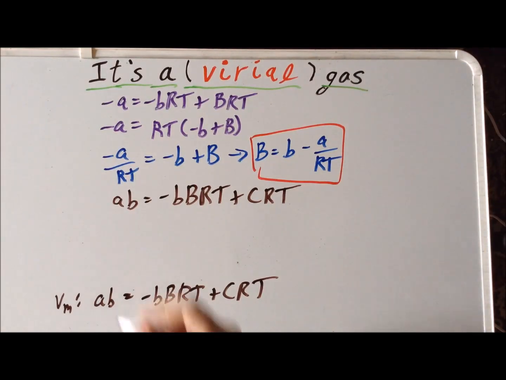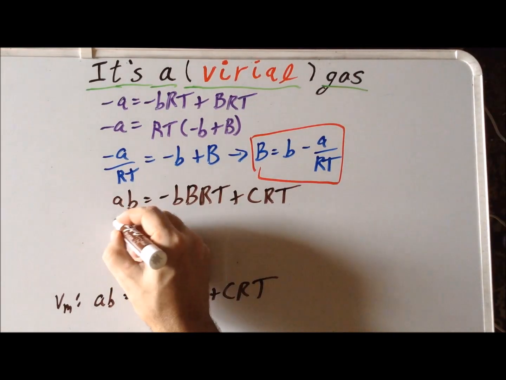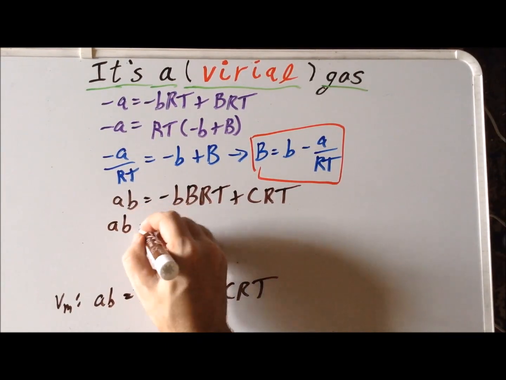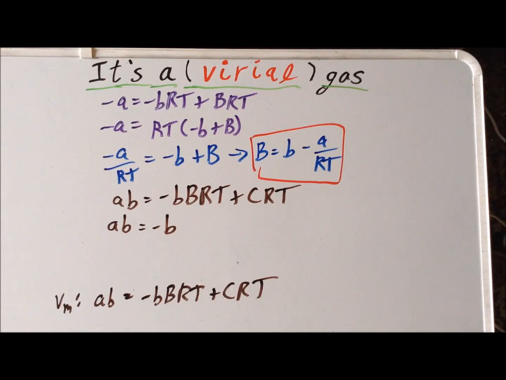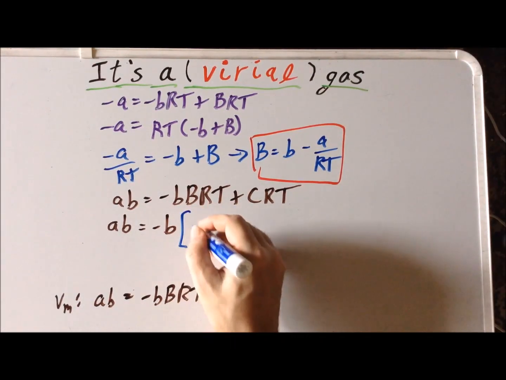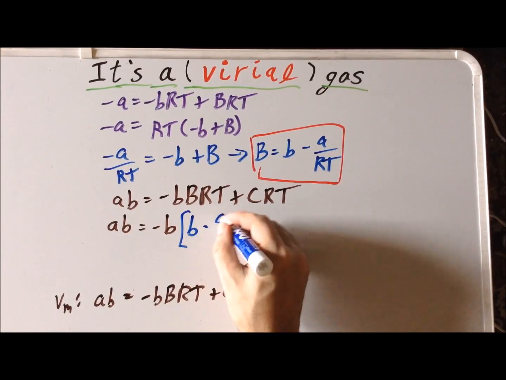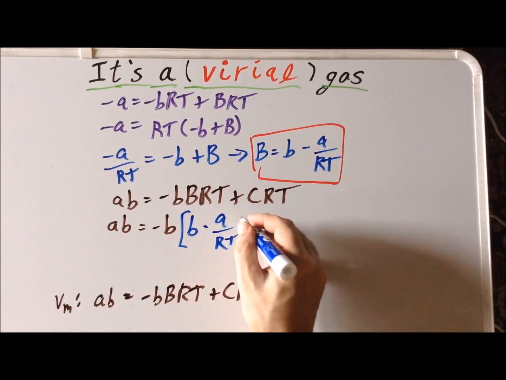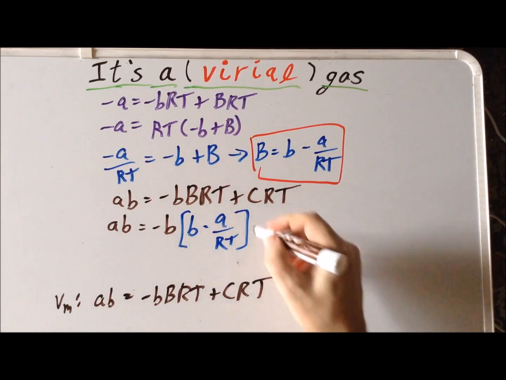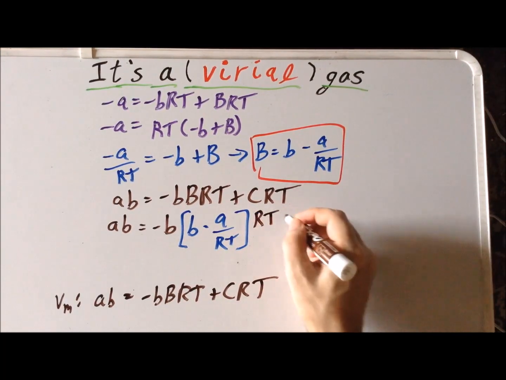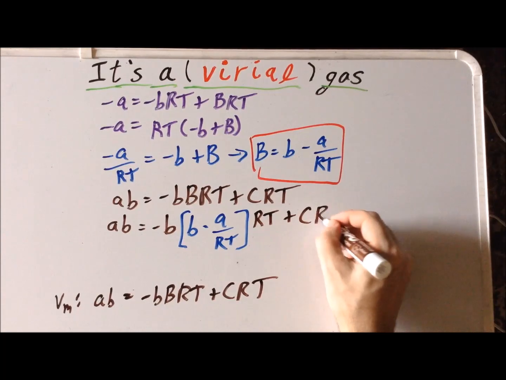So we have that little a times little b is equal to minus little b times little b minus a divided by RT, times RT, plus C RT.